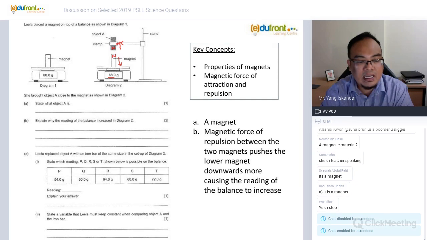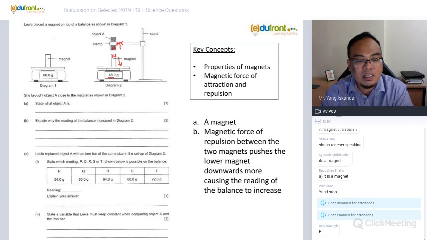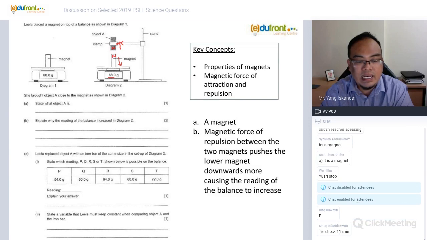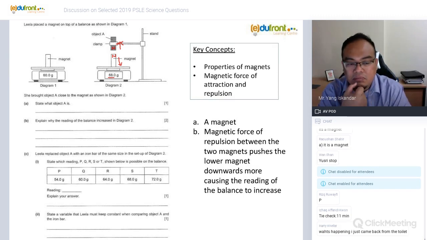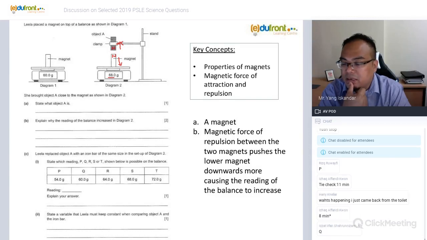Which reading PQRST below is possible on the balance? And explain your answer. We just put the alphabet, not enough, you need to explain.